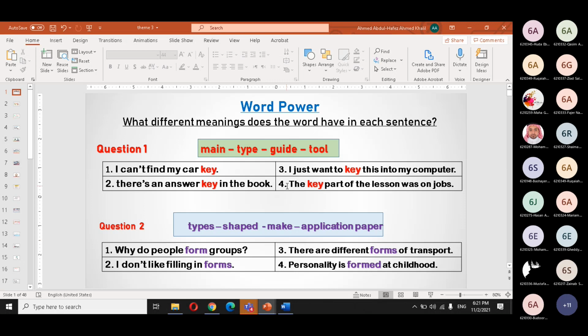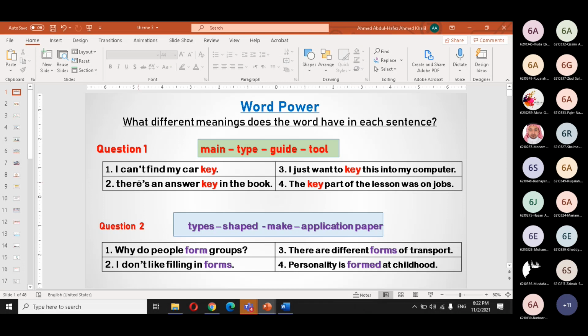Okay. Look at the first question, question one. You have four sentences with the word key. The idea here is that in English usually any word can have more than one meaning. So try to find the meaning of the word key in each of the four sentences.